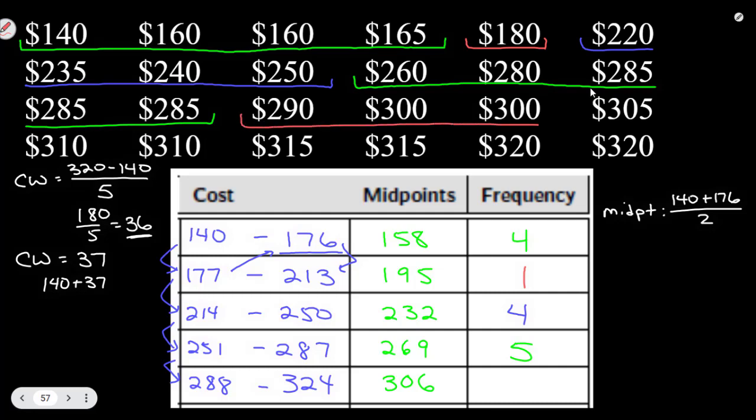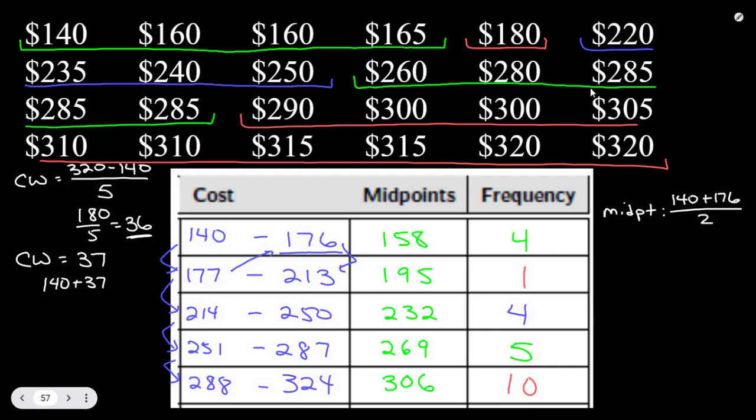So 288 to 324 is going to give us all the way to there. That's 1, 2, 3, 4, 5, 6, 7, 8, 9, 10. So there are 10 outcomes there. So that's what our grouped frequency distribution table would look like.